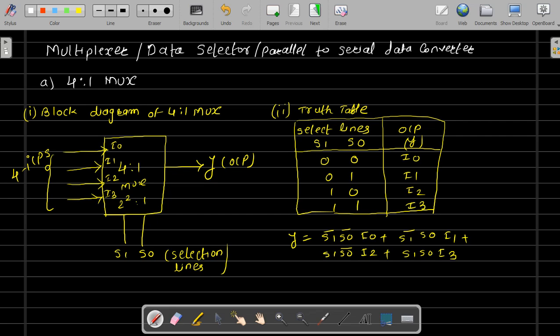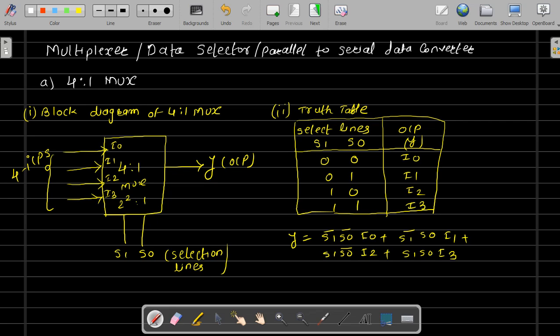Now let us see the very basic block diagram of a 4:1 mux, its truth table, its output equation, and how to draw its logic diagram. As it is a combinational logic circuit, you will have a set of inputs and only one output, and which of these four inputs will be active at a time is decided by the selection lines.